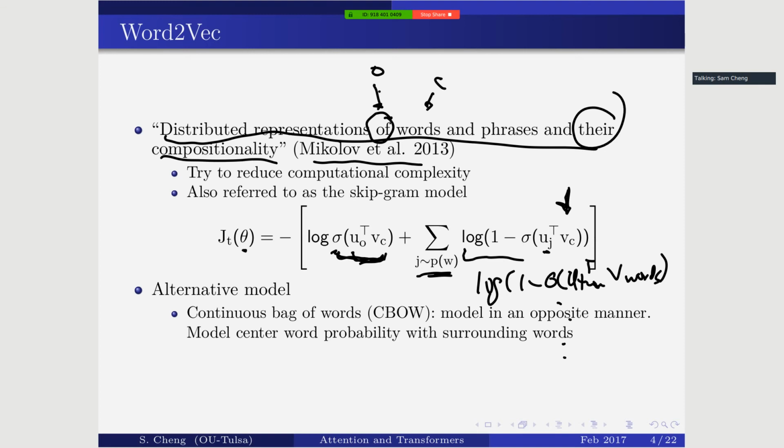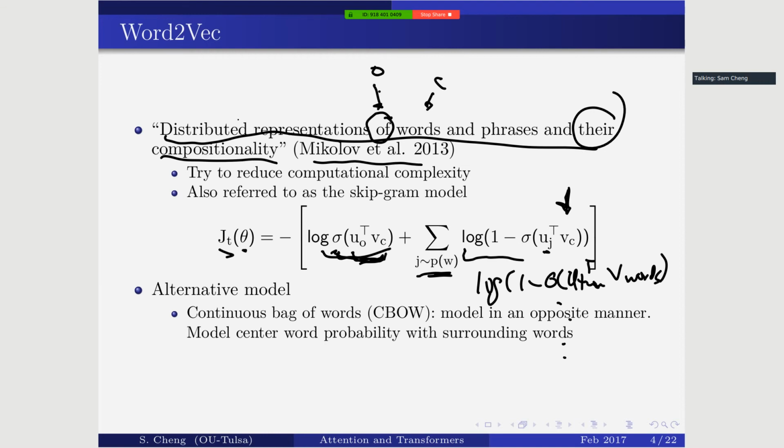In terms of training, when you scan through the whole sentence, each time you generate a cost like this, sample 10 times out of the dictionary, and sum together to form the cost function. Is that clear?